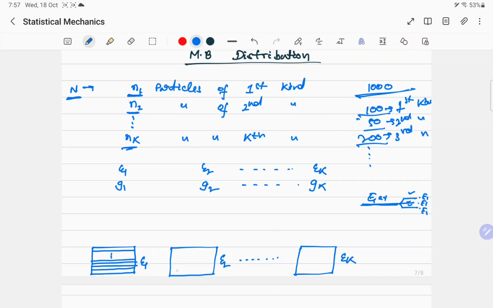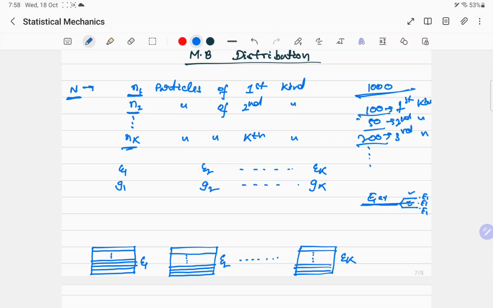In the second box, the degeneracy is G2, so it will have G2 cells, and all of them will have energy epsilon 2. In the last case, the degeneracy is Gk. I think this concept is clear. If not, you can comment, and I'll make another video on degeneracy.